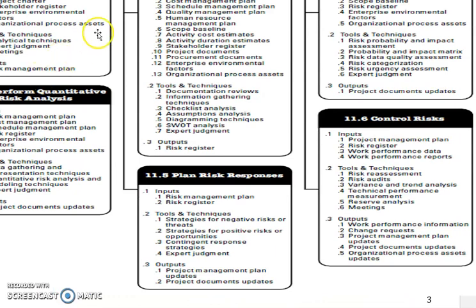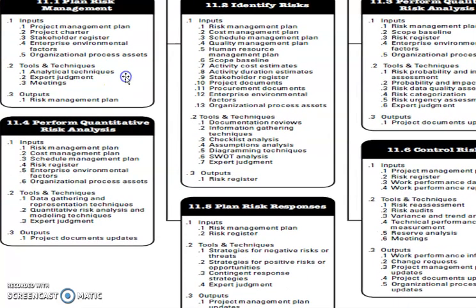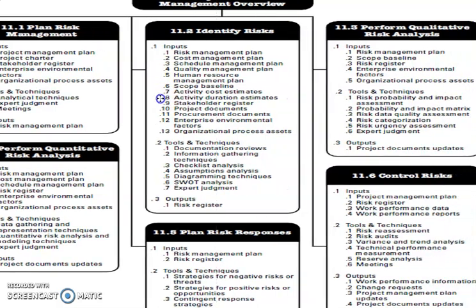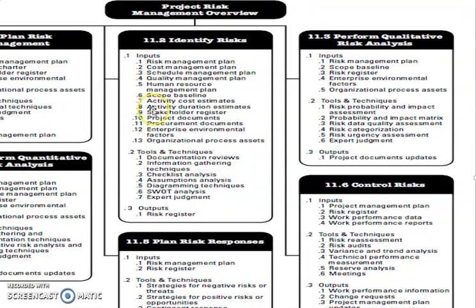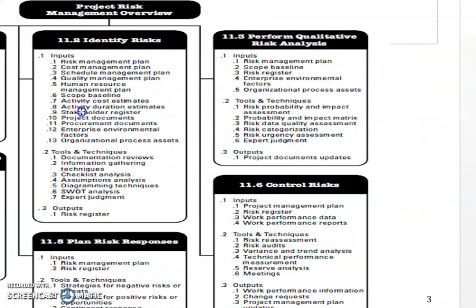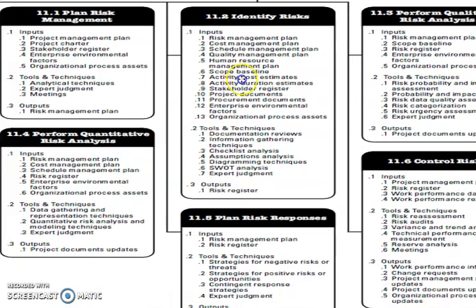Now let us see what are the processes involved in risk management. The first process is plan risk management. Second process, identify risks. Third process, perform qualitative risk analysis.